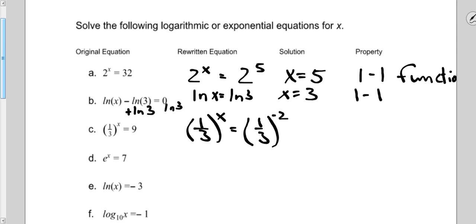It flips it. What does the 2 do? Times it by itself, squares it, right? And 3 squared is 9, right? So the negative flips it, the 2 squares it, turns the 3 into a 9. There we go. So my solution is x equals what? -2. This is also a one-to-one function.